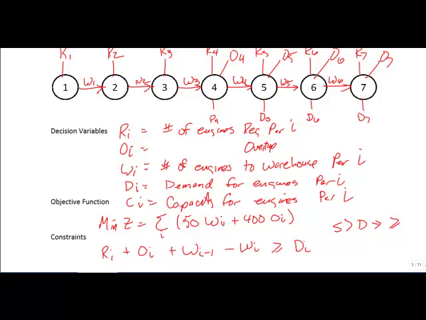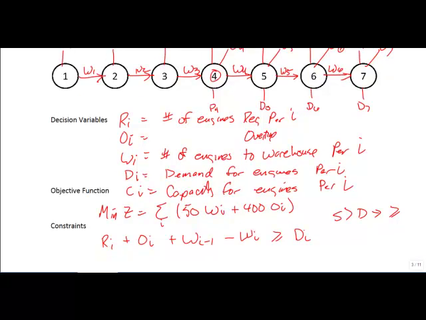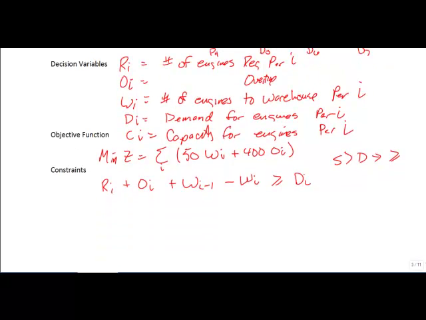So let's take a look at one period, period 4. For period 4, regular production plus overtime production for period 4 plus what came into period 4 from the warehouse from the previous period, that's W3, minus what we're putting into the warehouse this period, W4, greater than or equal to the demand for period 4.